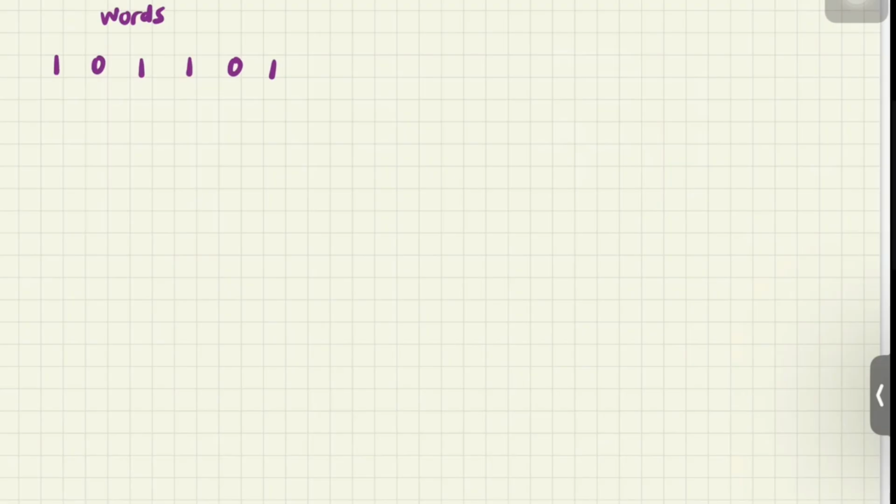Then it should be for odd parity and even parity.